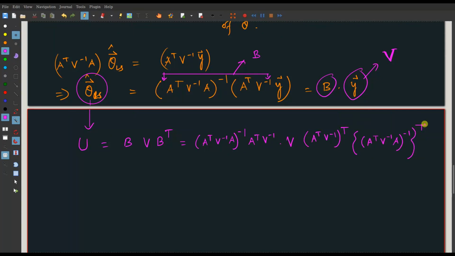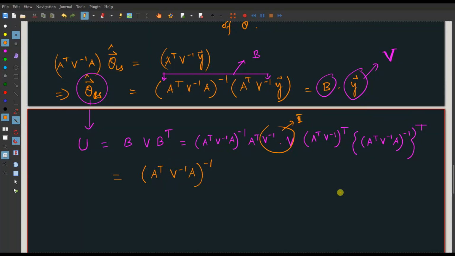You can easily see that, for example, these two things combine to give you the identity matrix, so there is nothing in here. I ask you to simplify this algebra and cancel out all these things, and at the end of the day you should find that the whole thing equals A transpose V inverse A, the inverse of that.